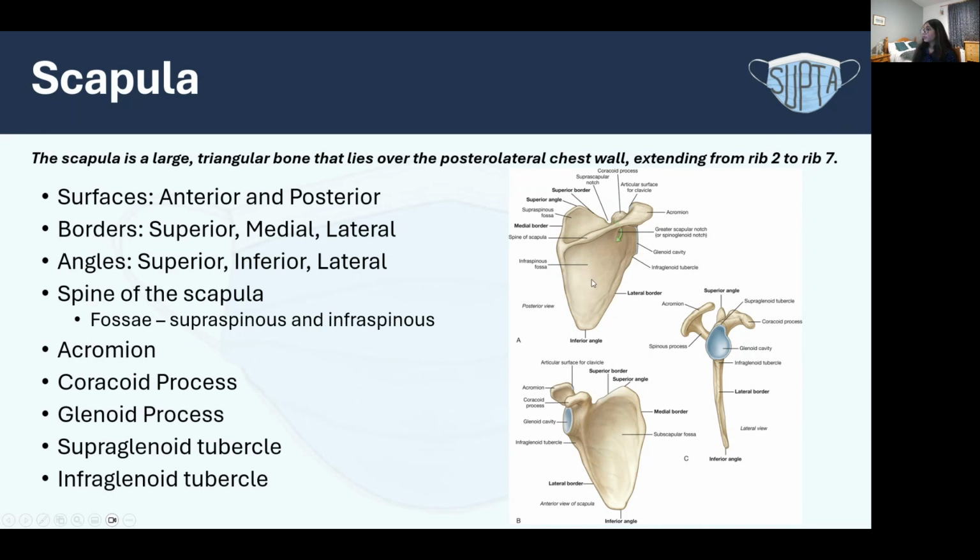We have our supraglenoid tubercle, infraglenoid tubercle, and these structures are also very important for muscle attachments. So just know that these structures exist, and we will discuss the relevance later as well.